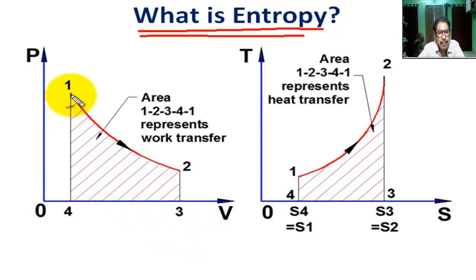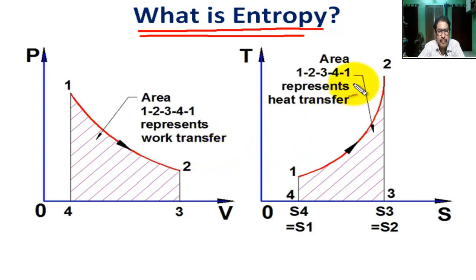Under the curve 1-2, the area 1, 2, 3, 4, 1 represents work transfer. Okay.